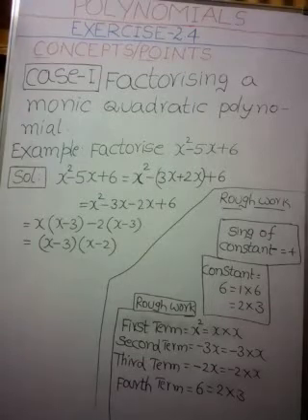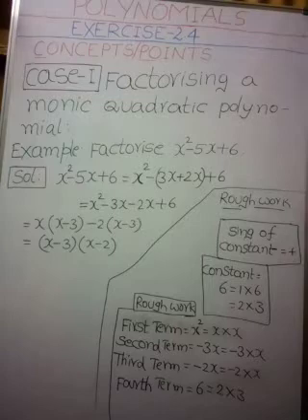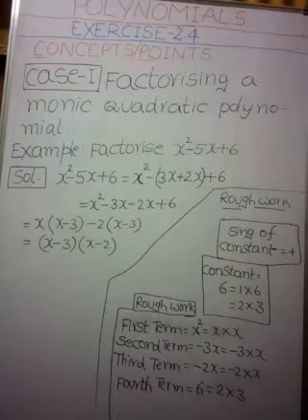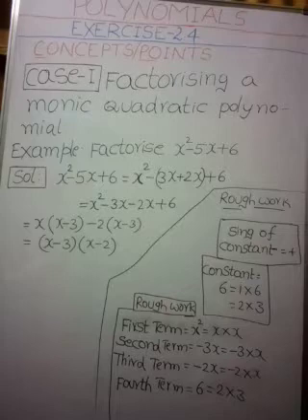If the coefficient of x square is 1, then the quadratic polynomial is said to be a monic quadratic polynomial. Understood this point, my dear children? To identify whether the given quadratic polynomial is a monic quadratic polynomial or not, we have to check the coefficient of x square.